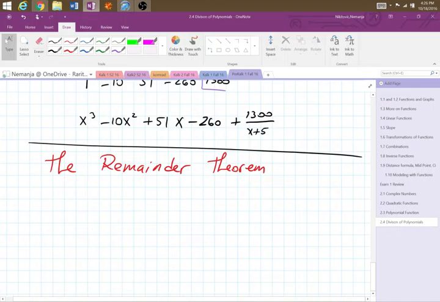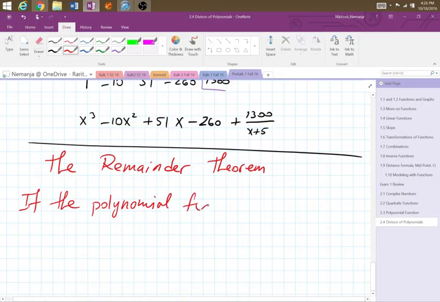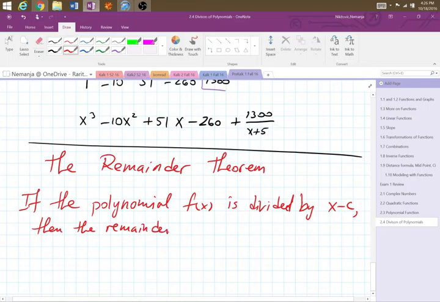And it states, if the polynomial f of x is divided by x minus c, then the remainder is f of c.